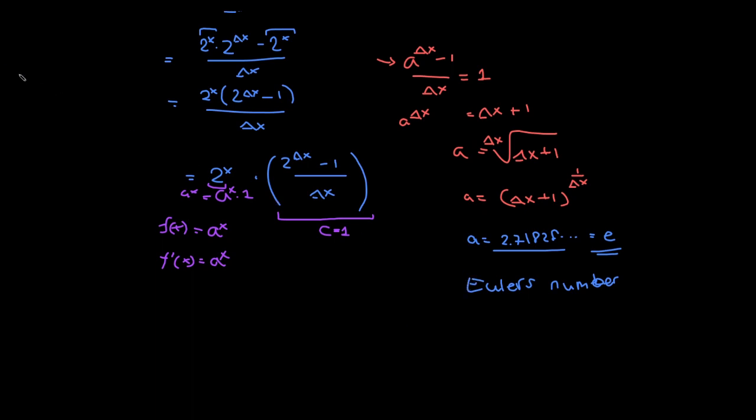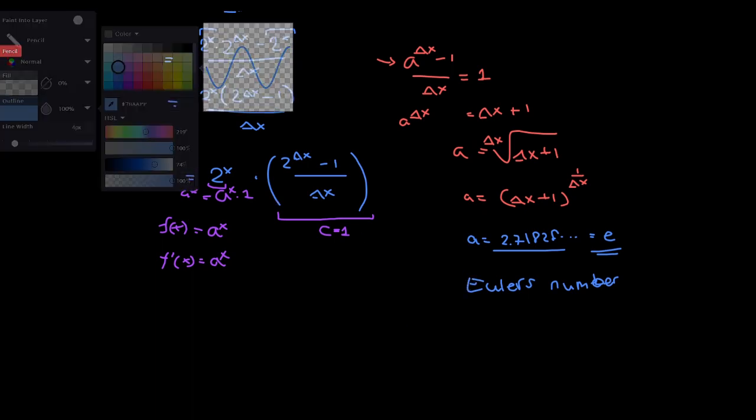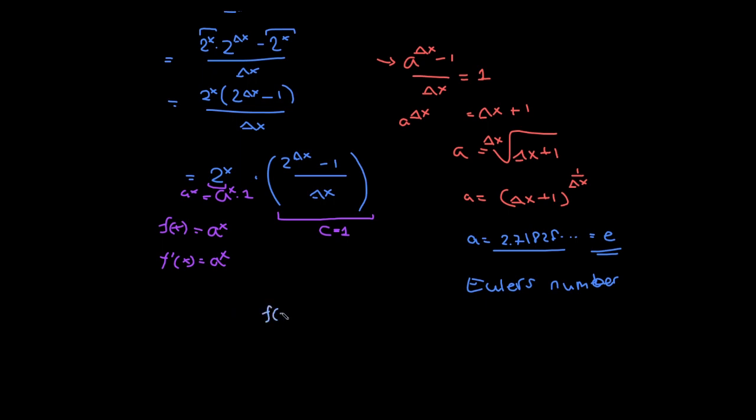And so this number has the property that if you have a function f of x equals e to the x, then the derivative of that function is going to be, as we saw, that constant will be 1, so we'll get e to the x. Right, so the function is its own derivative. And the same obviously goes for the second derivative, that's also e to the x, and on and on.